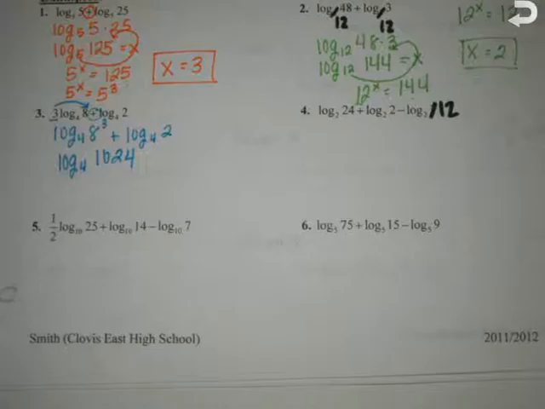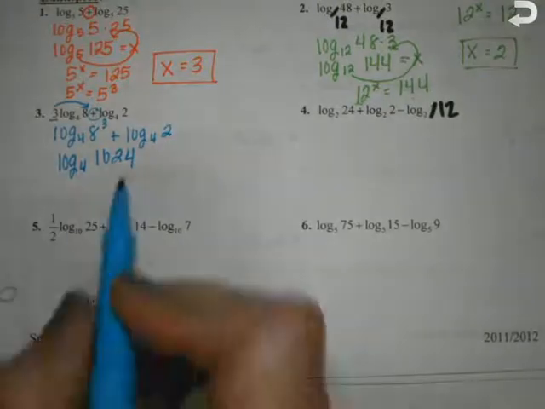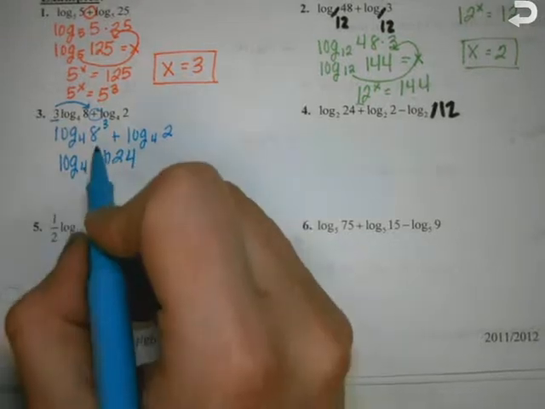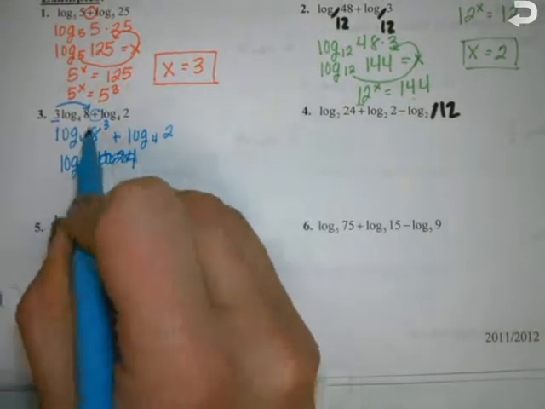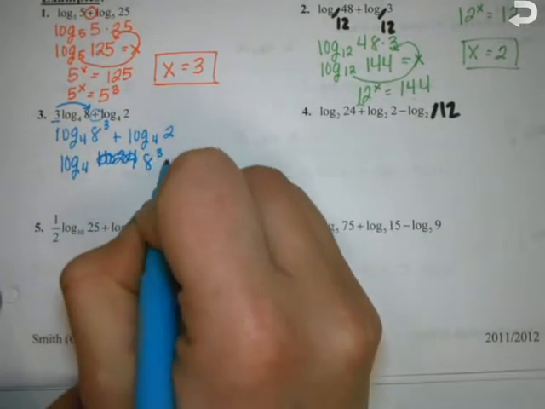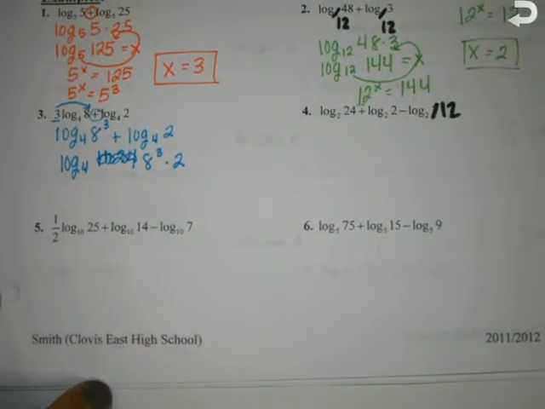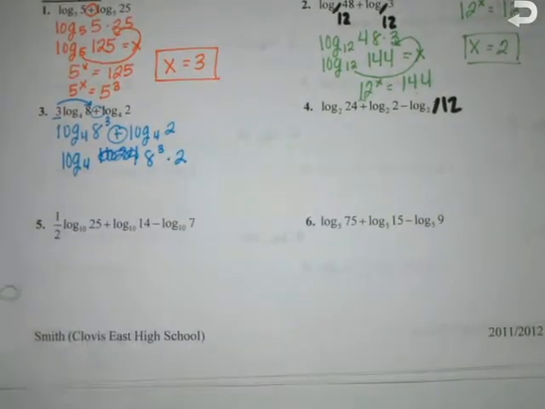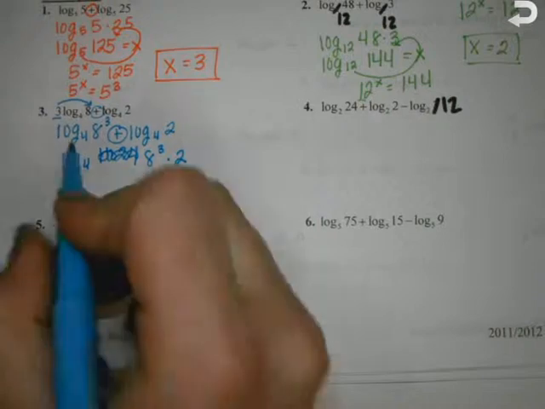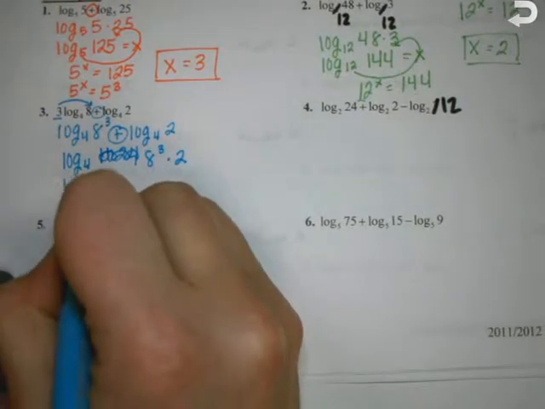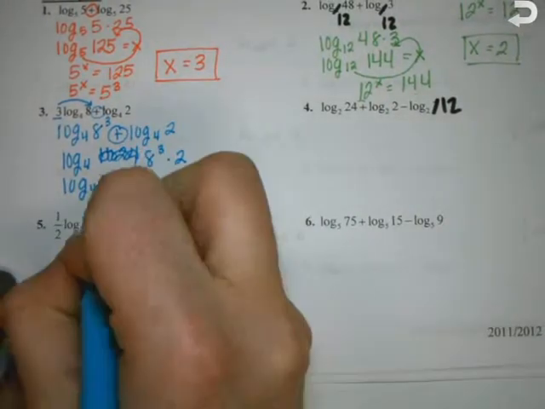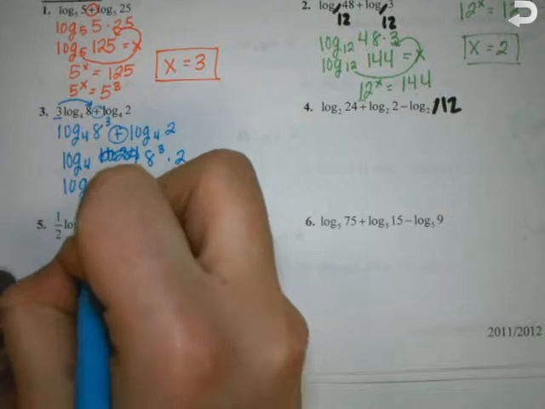Do you want me to write that step instead? Okay, so this would have been log of 8 to the 3rd times 2, because since we're adding, that's the product rule, we have to multiply them together. So when I do all of that multiplication, that's going to give me log base 4 of 1024. Does that help?